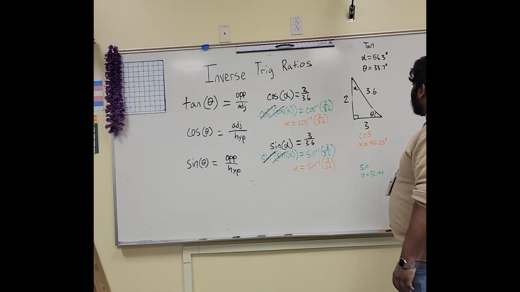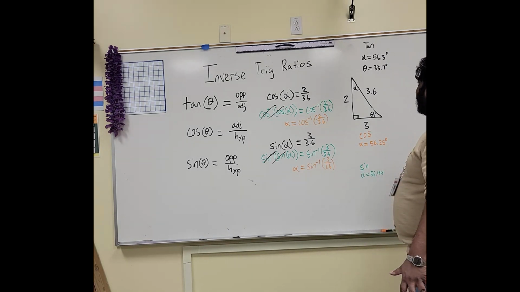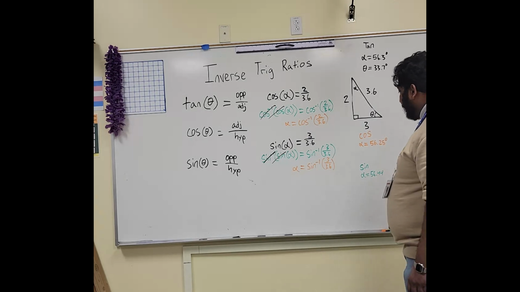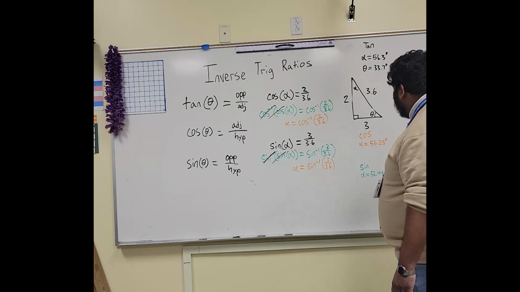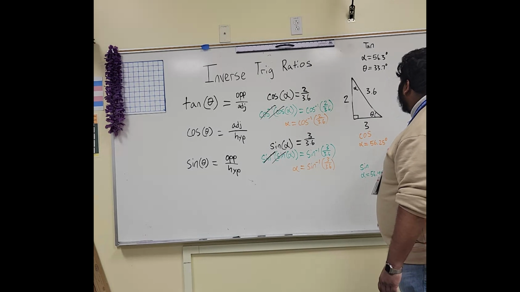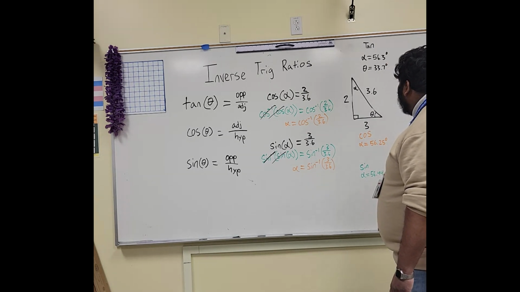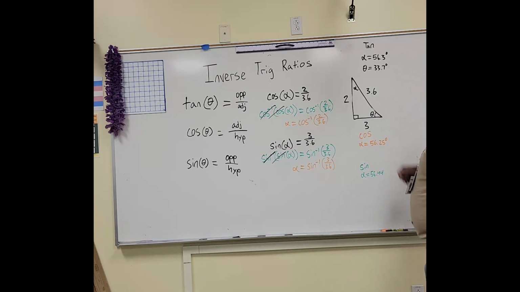And you'll notice that if you use a specific function to find angles, the values will correlate and match up, as opposed to using different functions and seeing some discrepancy over here. This is 56.25, this is 56.3, this is 56.44. But when we found the theta over here, it matched up perfectly with our tangent.